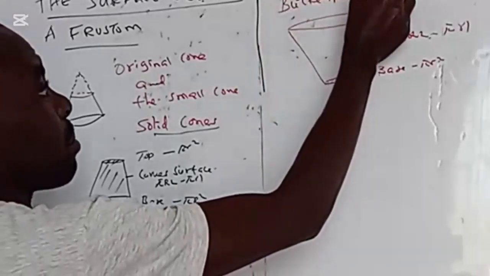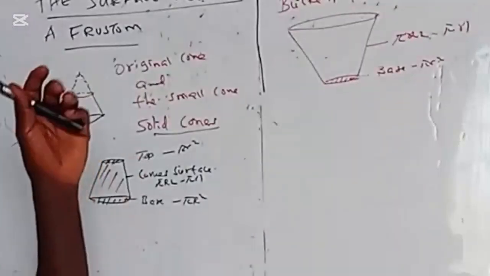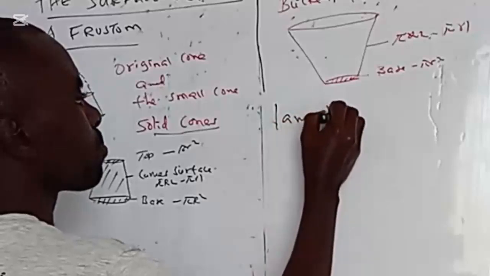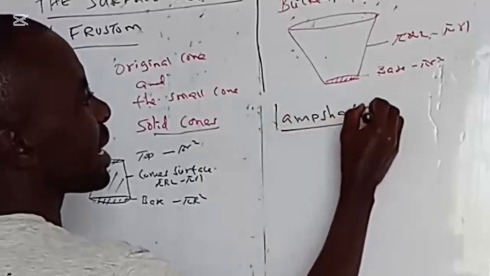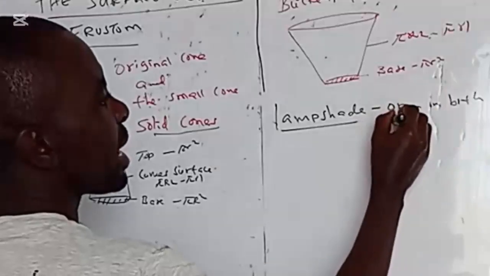Sometimes it could also be a tumbler or something else with only one open end. And then there is something else we call a lampshade. A lampshade is open on both ends.